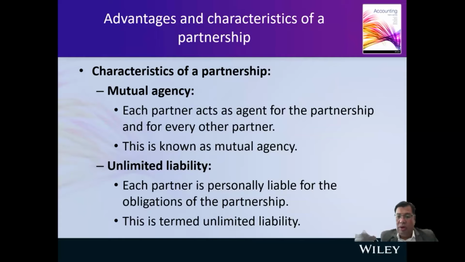In case of loan default or whatever, the liability can be more than that. If the partnership fails to pay its loan, the partners must use their own money to settle the liability of the partnership business. So this is what I mean by unlimited liability.